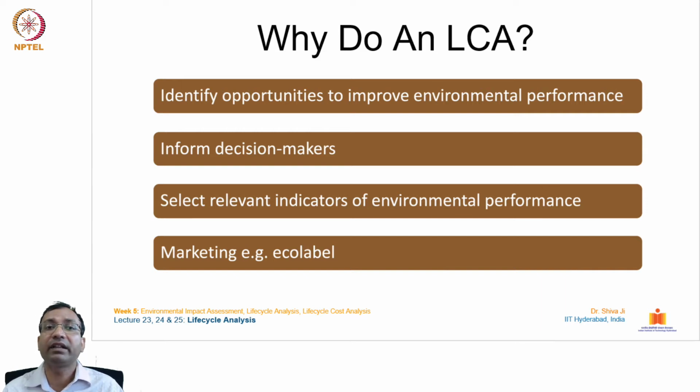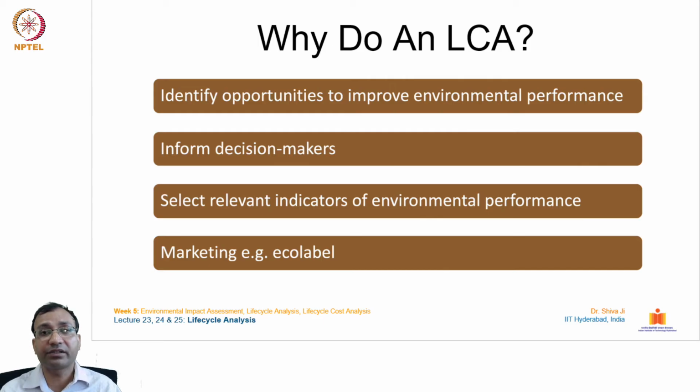So we must undertake LCA for any newly proposed product, to understand and rectify the possible damages and impacts this product can cause in its entire life cycle, and accordingly we can take an informed decision.